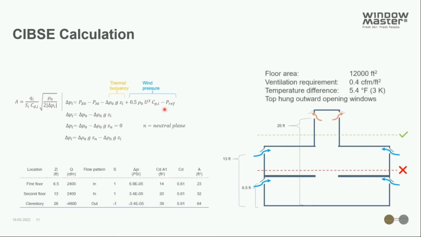So for the calculations I want to show, we have some quick design criteria. We have, let's say, a floor area of 1,200 square feet. We have a ventilation requirement of 0.4 cubic feet per minute per square foot. We have a temperature difference of 5.4 Fahrenheit, corresponding to 3 Kelvin.